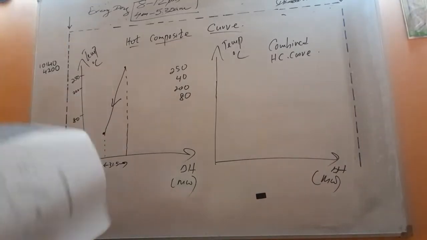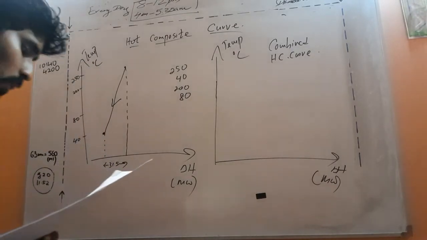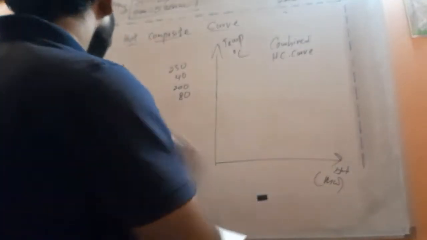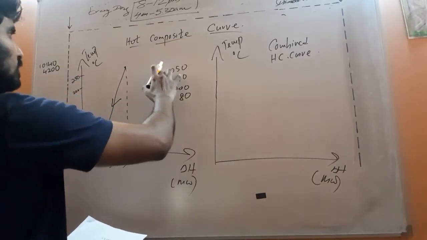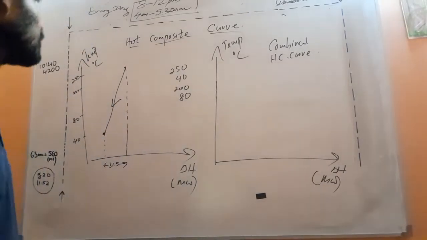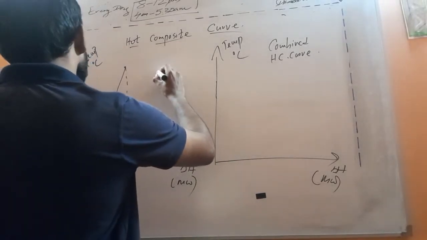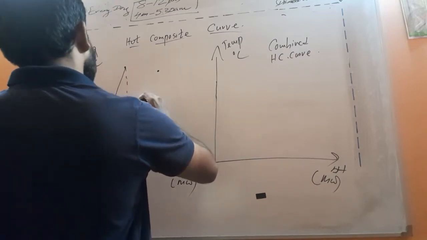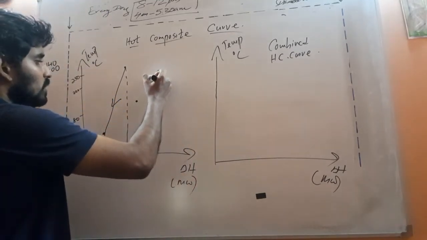Okay, so now tell me for the next process, hot profile, supply 200 is targeted to 80. So 200 is somewhere here, and this is 80.